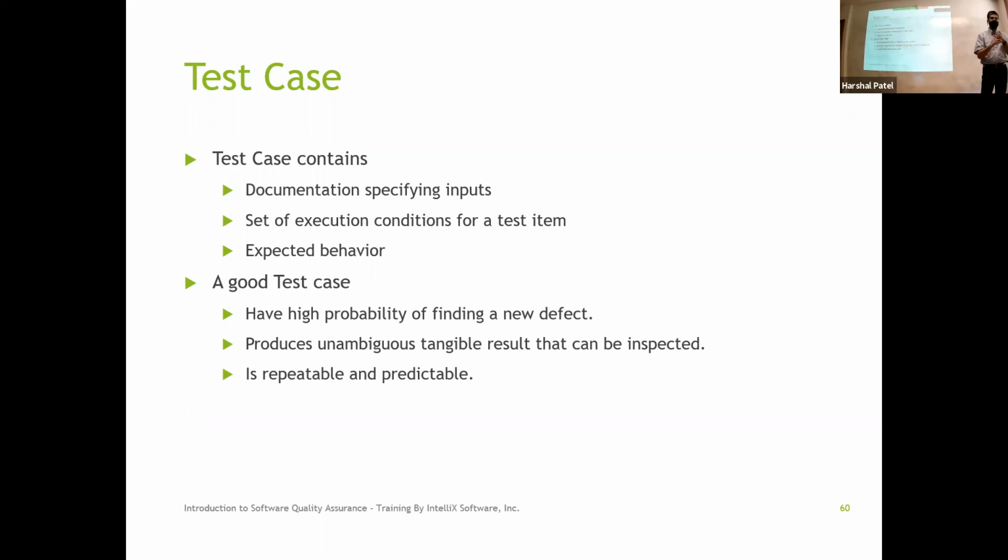My inputs are numbers and an operation. It also talks about the conditions of the system. Am I adding 2 plus 2 on top of an existing sum that I'm already tallying, or is it starting from 0? Based on that, my answer is going to be different. So what is the condition of the system going to be?